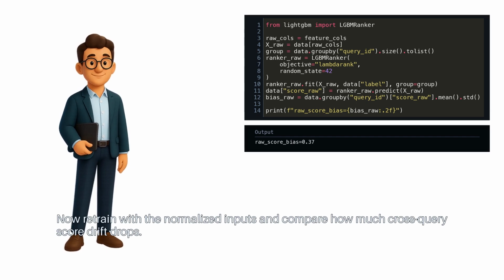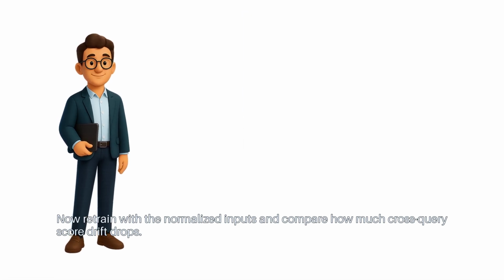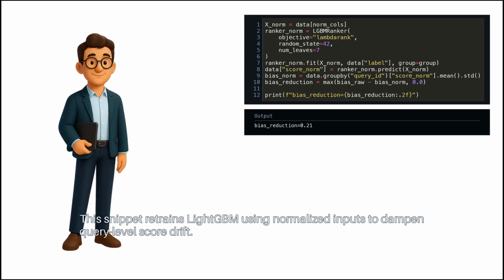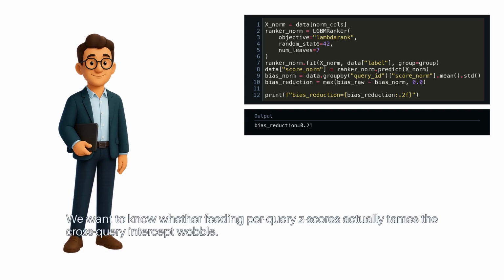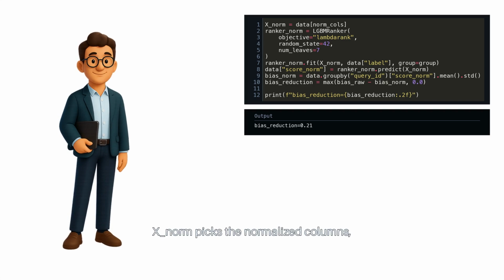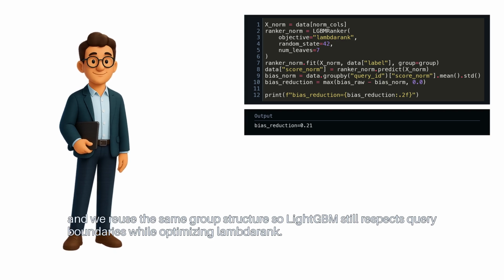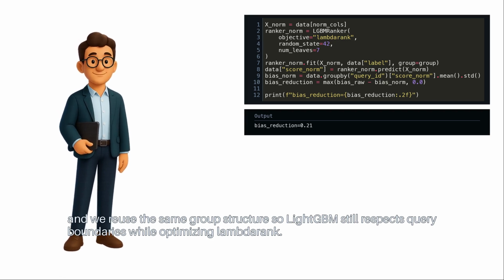Now, retrain with the normalized inputs and compare how much cross-query score drift drops. This snippet retrains LightGBM using normalized inputs to dampen query-level score drift. What decision does this step test? We want to know whether feeding per-query z-scores actually tames the cross-query intercept wobble. xnorm picks the normalized columns, and we reuse the same group structure, so LightGBM still respects query boundaries while optimizing LambdaRank.